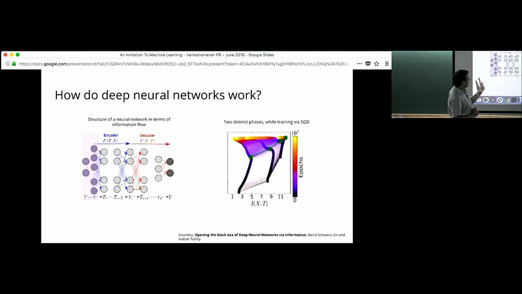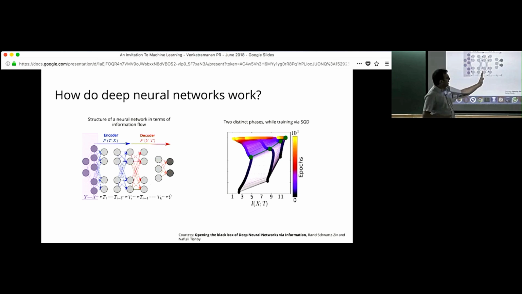The first assumption was this: if you have a network like this, you can take any layer and say that what comes before the layer is my encoder, encoding stuff into here, and this is my decoder. You can think of it as a transformation from the input to the output, with each layer doing a further set of transformations.